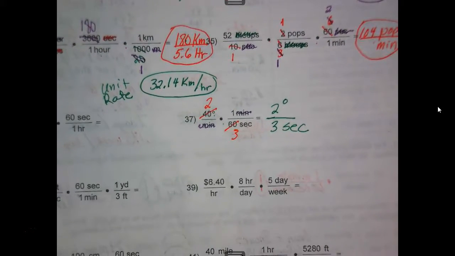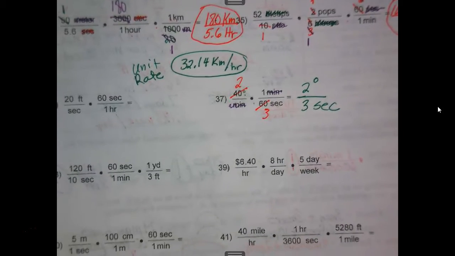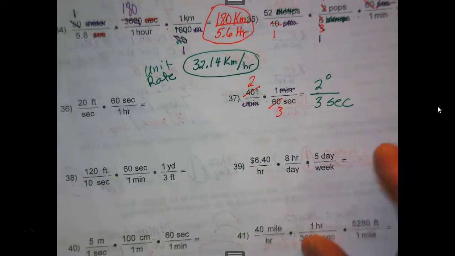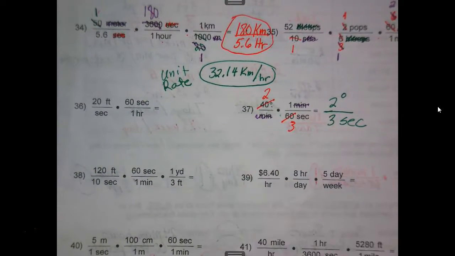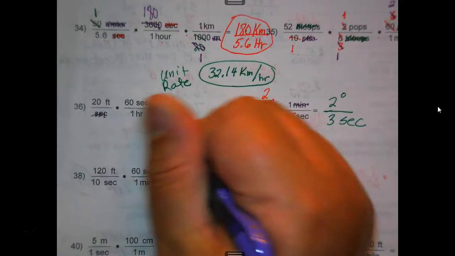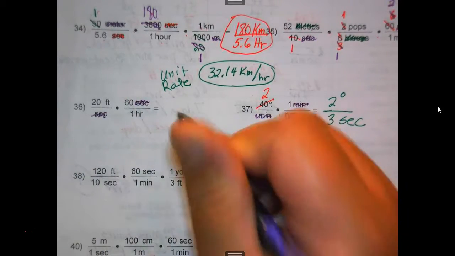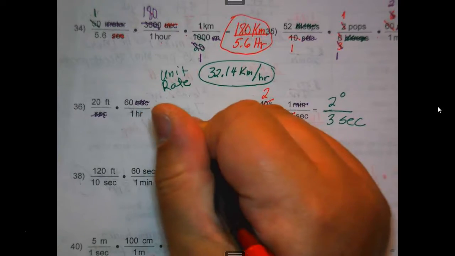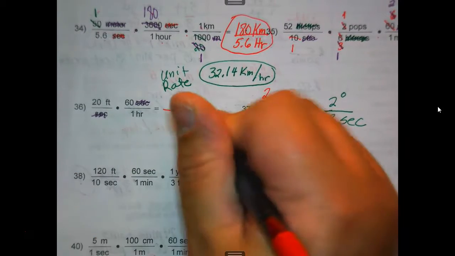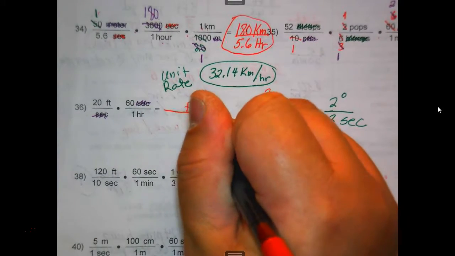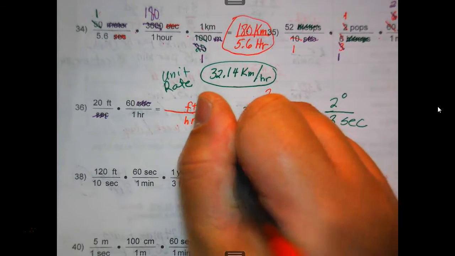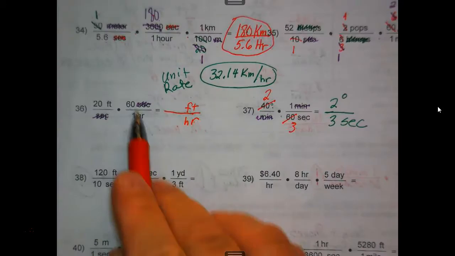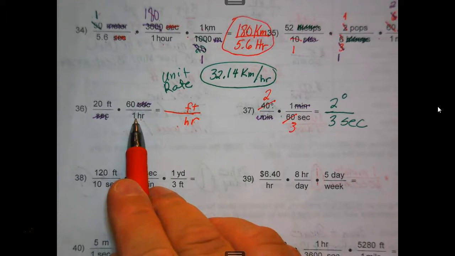See, 36. Let's cross out some labels. Seconds, good. That means we're going to end up with feet on top, hour on the bottom, good. In fact, we don't have anything to cancel out because we got a 1 there.